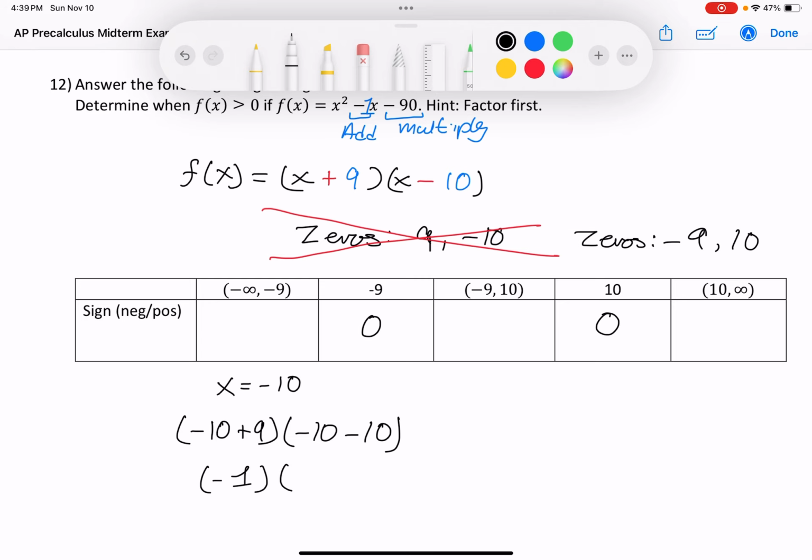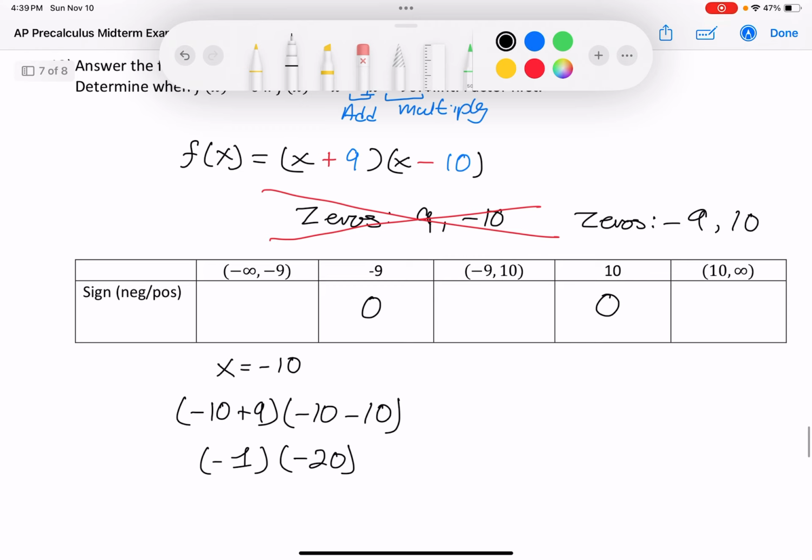Negative 10 minus 10 is negative 20. Negative 1 times negative 20 is positive 20. And this is a positive value. Because it's a positive value, the function is going to be positive on the interval from negative infinity to negative 9.